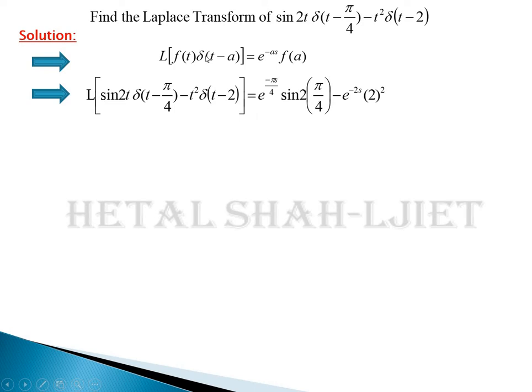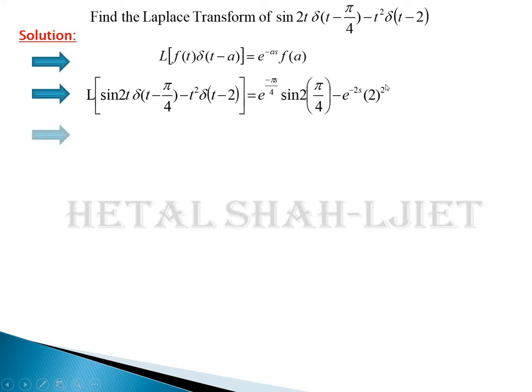Then similarly for the second term, first compare the formula with the second term. Your function f(t) is t square and your a is 2, so e raised to minus 2s, and for f(a), just put the value of a, that is 2, in your function t square, so 2 square, which is 4.